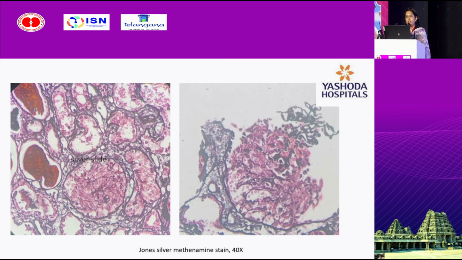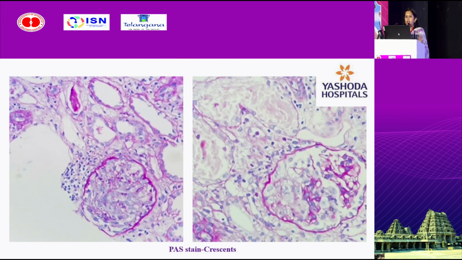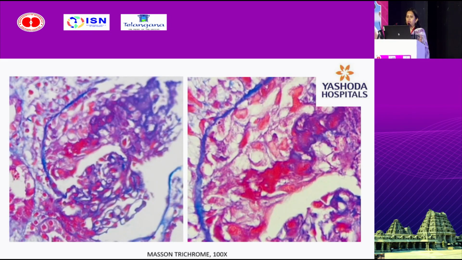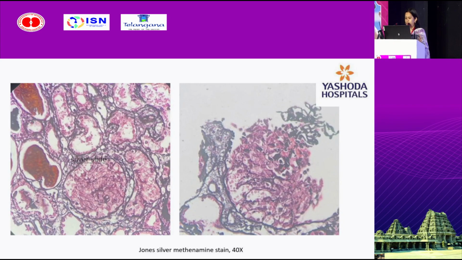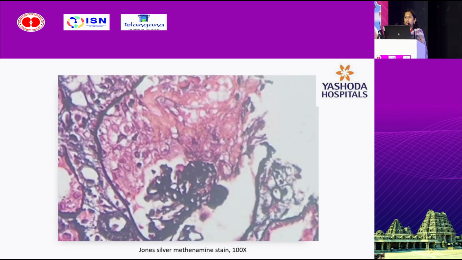That shows the tuft is destroyed with active crescents. In all these pictures, they are cellular crescents. There's no scarring. If there is scarring, it would be pale pink on PAS, and on Masson's it will be dark blue. So all are cellular crescents. The tubulointerstitium was very busy, but there was no atrophy.